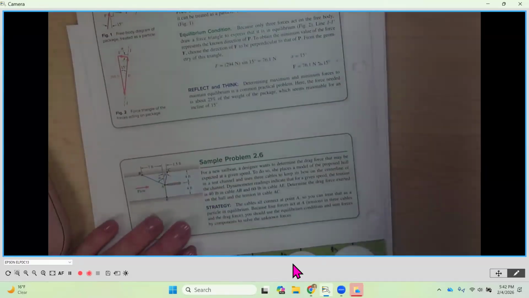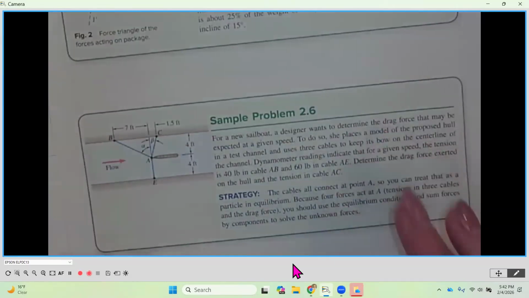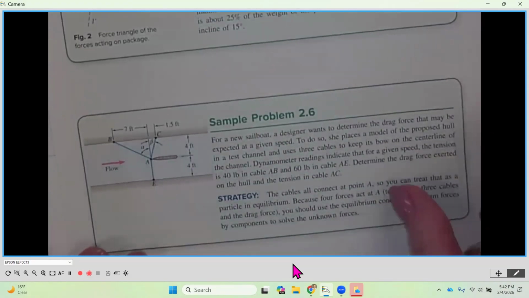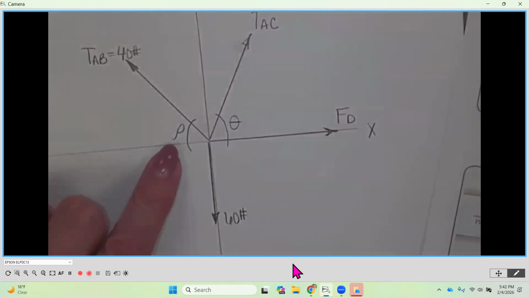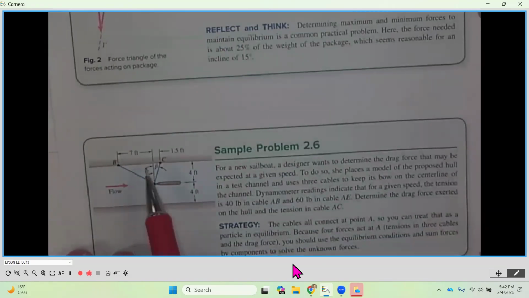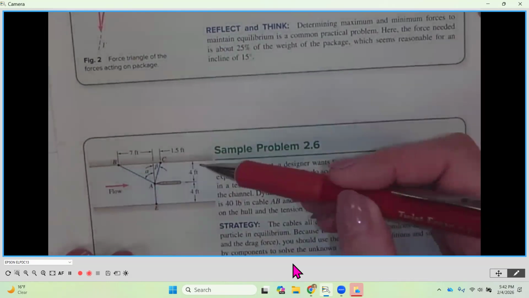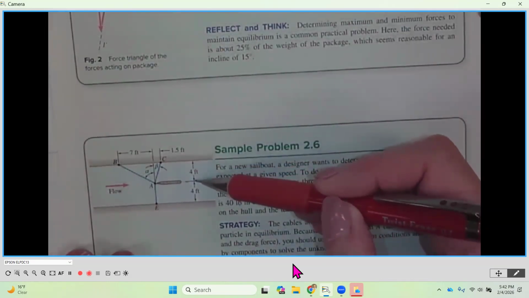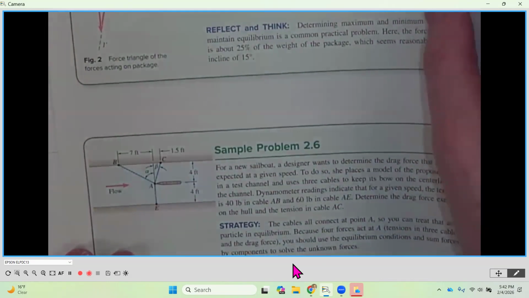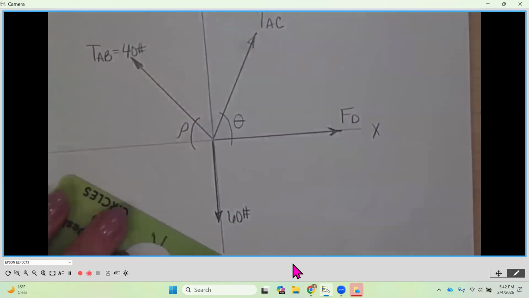So if we look back at the illustration that we have here, I'm going to do phi first, okay? You'll notice that we have a distance over of 7 feet and then a distance down of 4 feet, okay, from where they are attached.